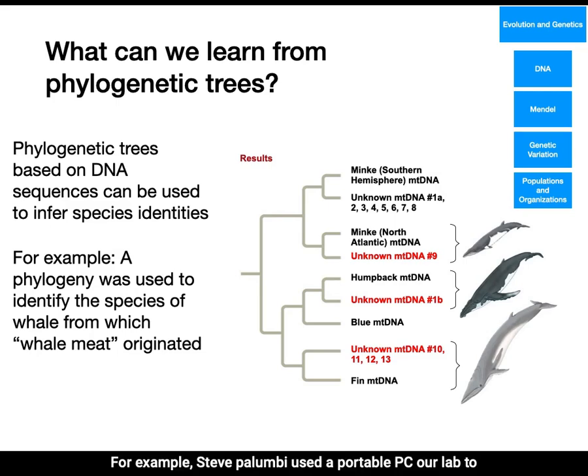For example, Steve Palumbi used a portable PCR lab to investigate whether or not the whale meat being sold at a market in Japan was from the species claimed. To do so, he bought samples of whale meat at the store, digested the tissue for extraction, extracted the DNA, and amplified a gene known to vary among the whale species to see if the meat was what the seller claimed it was.